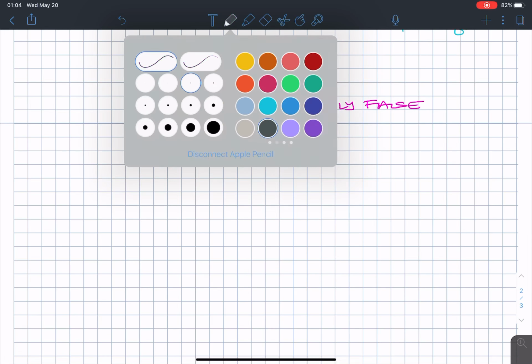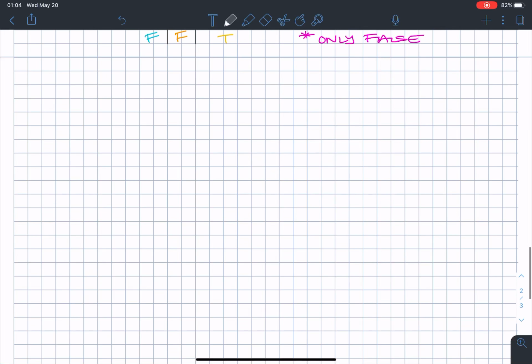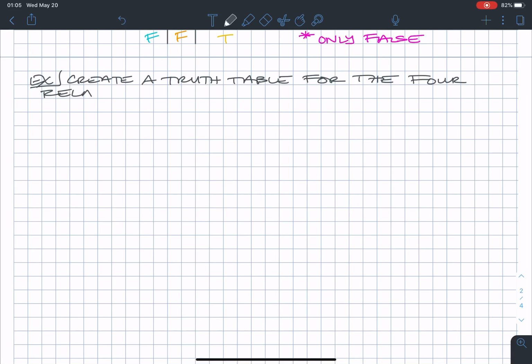Okay, so let's see an example. Let's create a truth table for the 4 related statements, and that's all I will do for this section.